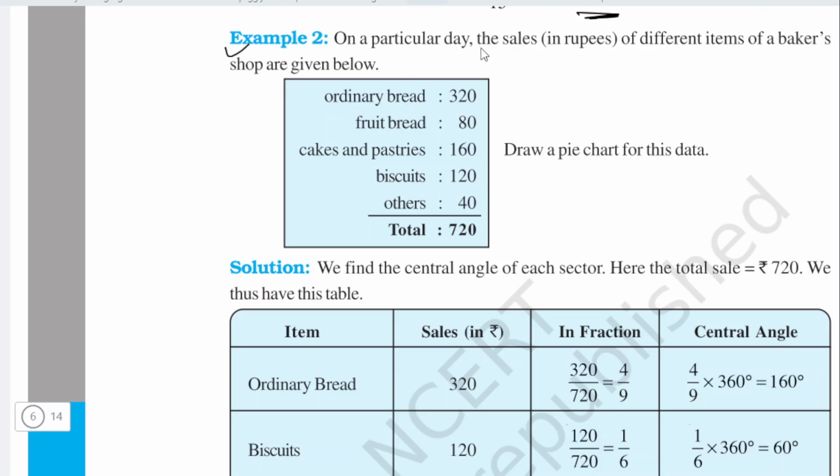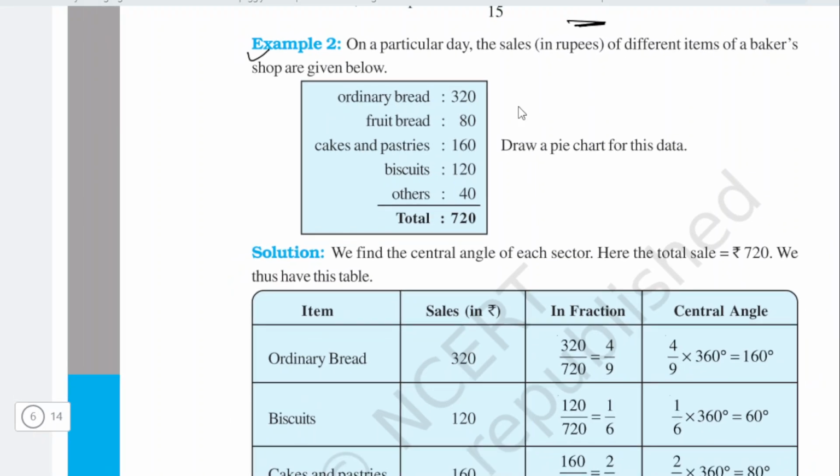On a particular day, the sales in rupees on different items of a baker's shop is given below.